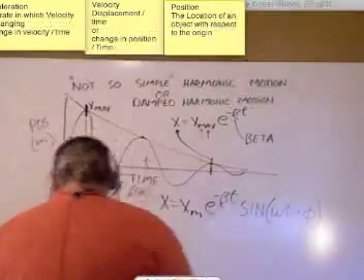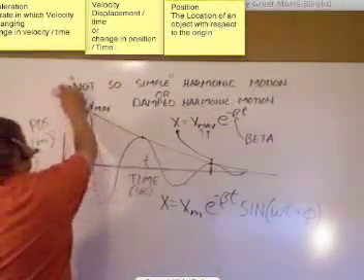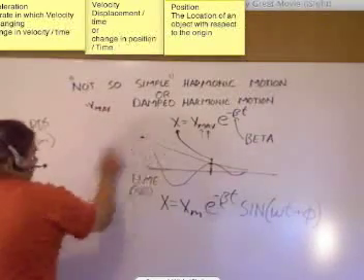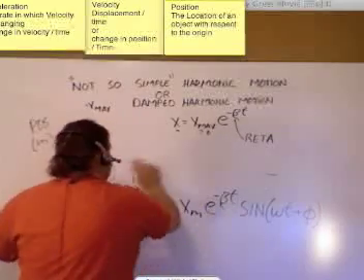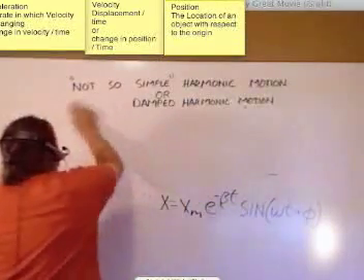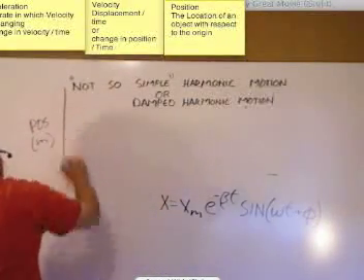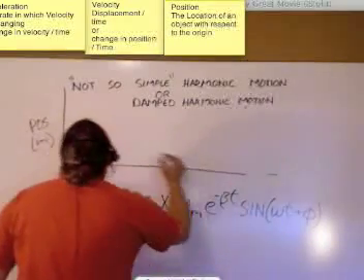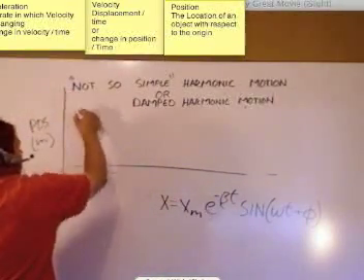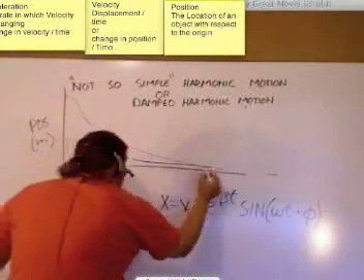If you wanted to look at an overdamped harmonic oscillator, it's kind of funny to call it an overdamped harmonic oscillator because it's not really all that harmonic. An overdamped harmonic oscillator will look something like this. Starting from a maximum point, it wants to follow that exact same curve, but it may do something like that.